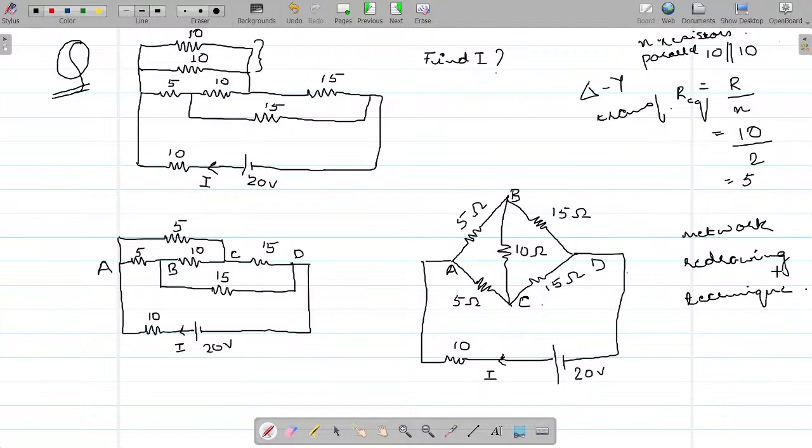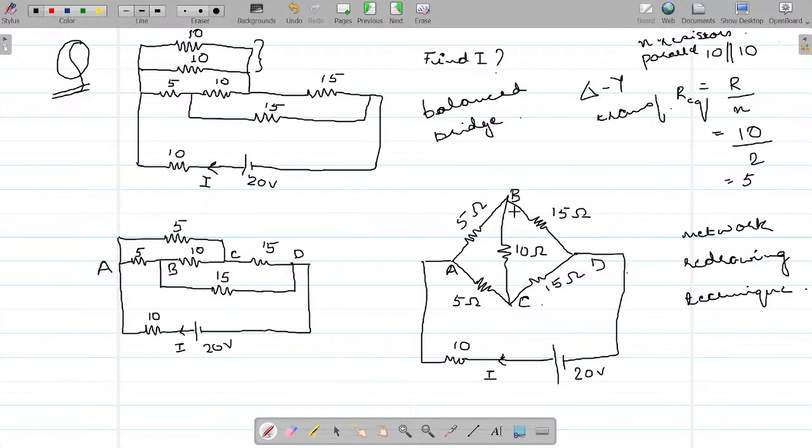So simply by network redrawing, we realize this circuit is a balanced bridge, and in a balanced bridge, we know when R1 upon R2 equals R3 upon R4, there will be no current flowing in the branch BC. There will be no current flowing in this branch.